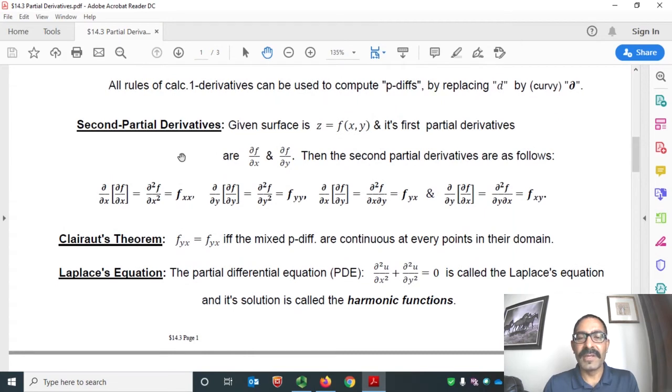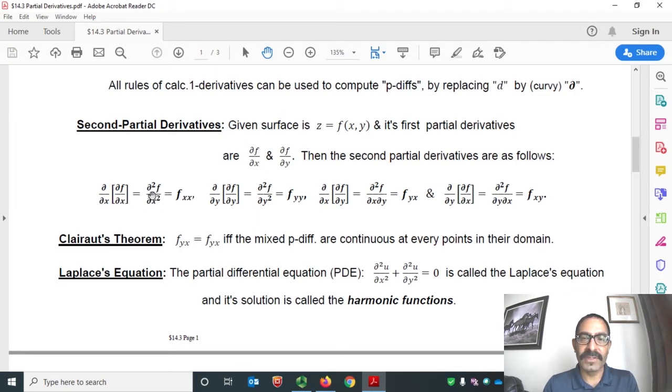Second partial derivatives, that means the partial derivatives of the first partial derivatives, which are here. So these are our first partial derivatives, del f by del x and del f by del y. Now let's take the partial derivatives of del f by del x with respect to x and with respect to y.